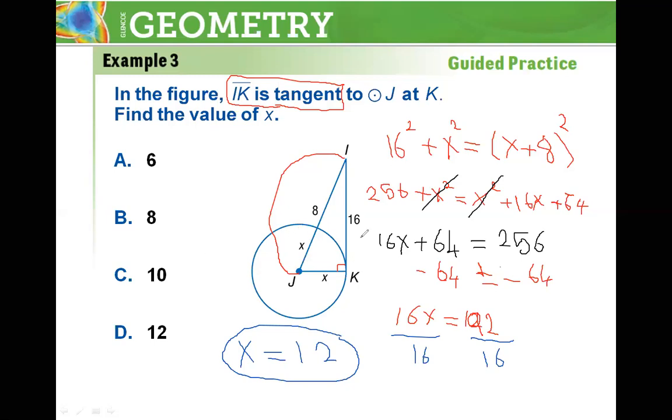Okay, so this is the end of our session today. Today we were talking about the tangent, and we knew that the tangent is a line that touches the circle at the point of tangency, which is like the point K here.